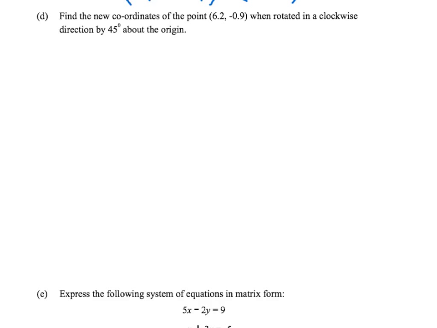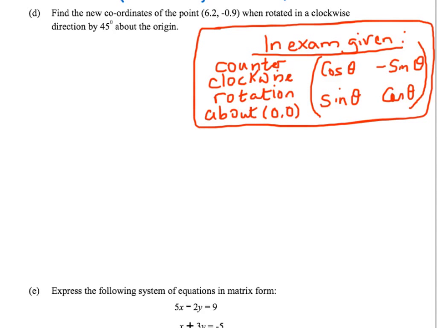Part D, I'm asked to find the new coordinates of the point (6.2, minus 0.9) when rotated in a clockwise direction by 45 degrees about the origin. First thing to remember is that in the exam you're going to be given the matrix that rotates any point in a counterclockwise direction about the origin.